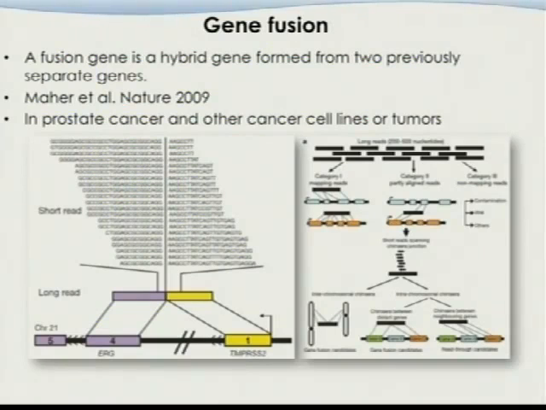Actually, this is a quite unique study. It's not a straight RNA sequencing. What they did is a two-step process. The first step is they used long reads, 454 reads actually, and they just did RNA sequencing using 454 reads. And they identified some regions because they are so long, and it's much easier to do alignment.